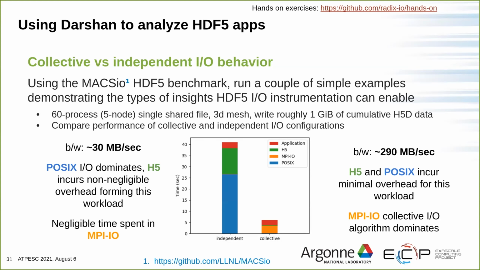I think that's just HDF5 spending a lot of processing time trying to generate the accesses that go through MPI-IO and POSIX. And you can see that as far as MPI-IO goes, it's basically negligible. In this case, you're using independent I/O, so MPI-IO doesn't really do much. It's essentially just passing through the operations that HDF5 is generating to POSIX. So it all makes sense and speaks to an inefficient independent file workload.